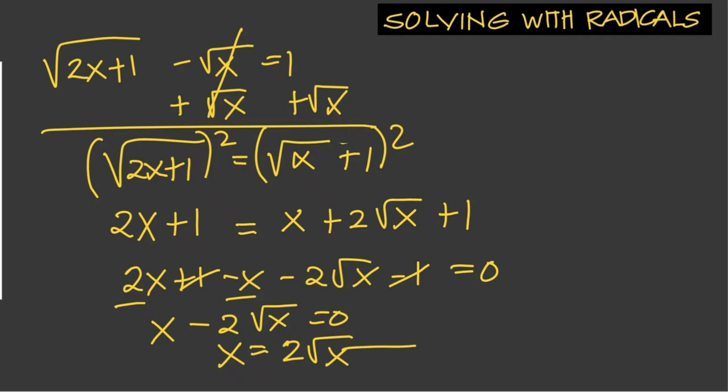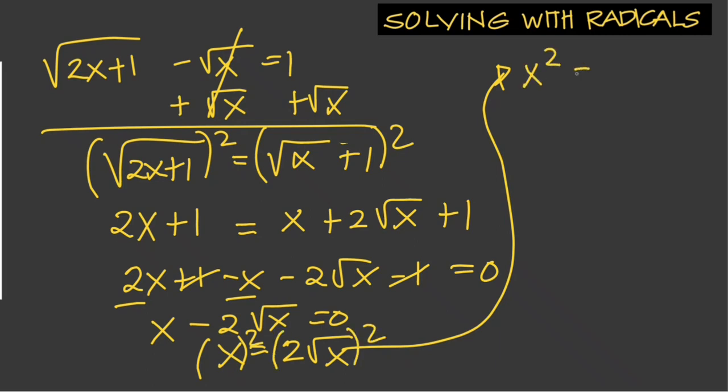Then we can square both sides. So we have x squared equals 4x. Then we combine them. X squared minus 4x equals 0. So we can factor out x here.